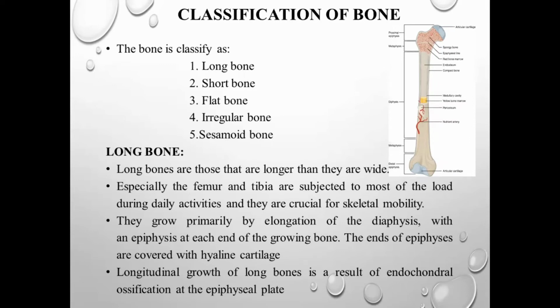Another important thing: this is our diaphysis and this is the epiphysis. You can see a white line. Okay, can you see my cursor? The white line in the topmost part as well as in the lowermost part, which we call the epiphyseal line, or the epiphyseal plate, or the growth plate.